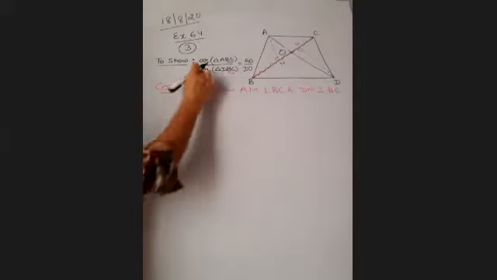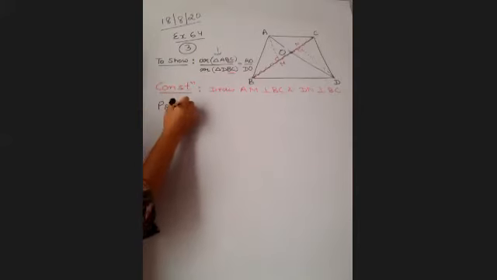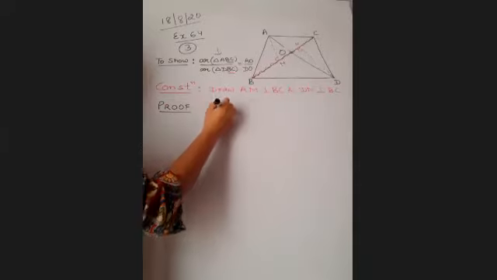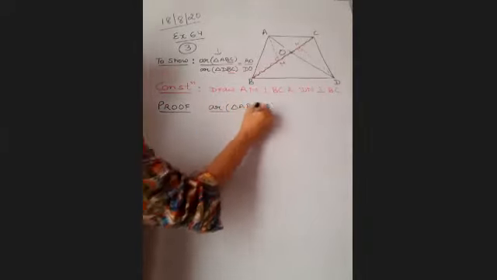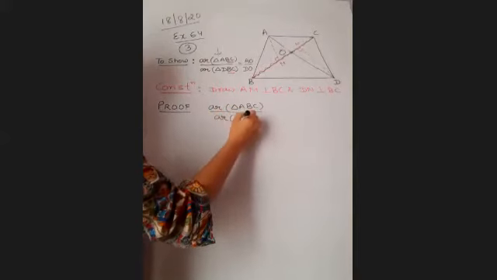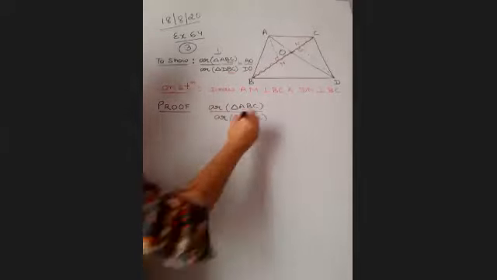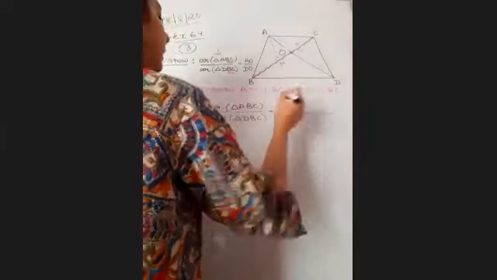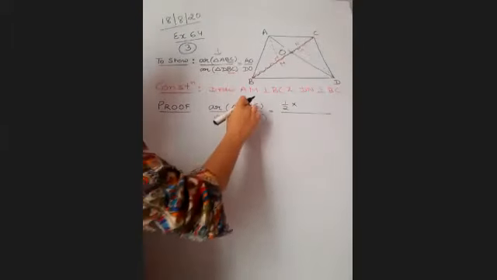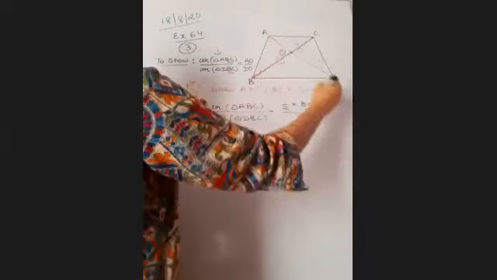Now let us start from the left hand side. So in the left hand side, I have area of triangle ABC divided by area of triangle DBC, which is equal to half into base. Now base here is BC, height here is AM.